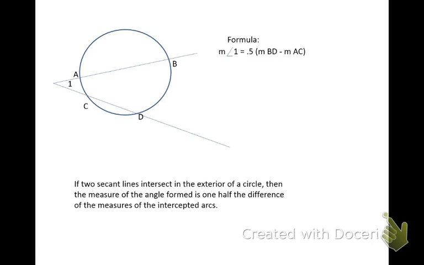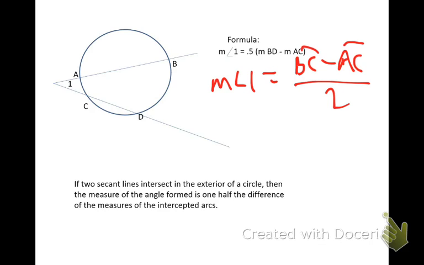All right. Again here, I would write this as the measure of angle 1 equals BD minus AC divided by 2 instead of 0.5. This is very similar to what we just did. We had a secant and a tangent. Now we've got two secants.